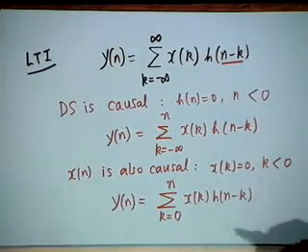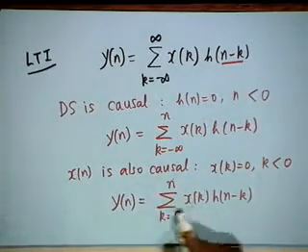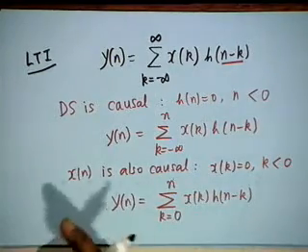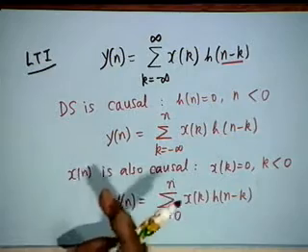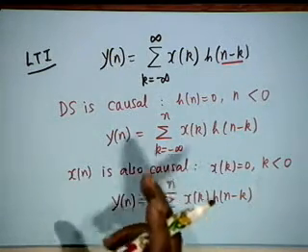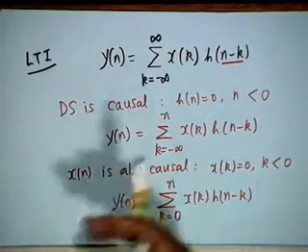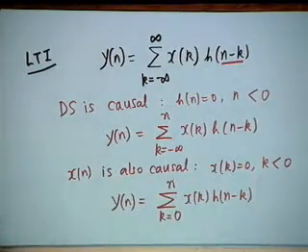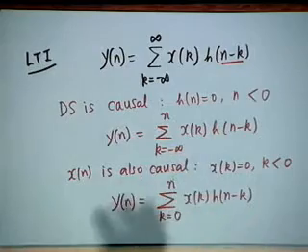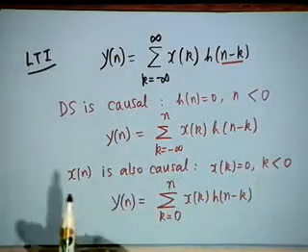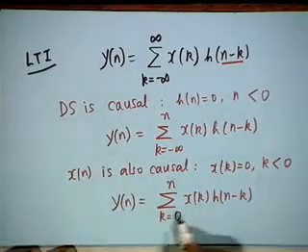In most cases, this is what we shall use, but there is no reason why you cannot apply a non-causal signal to a causal system. You can. In fact, in the examples that we take, we shall consider non-causal signal, but causal system.